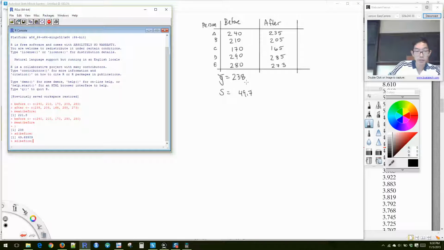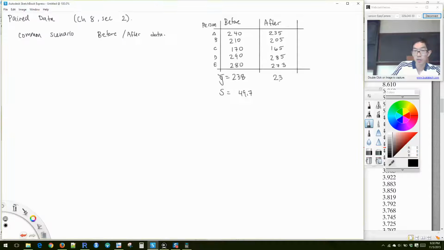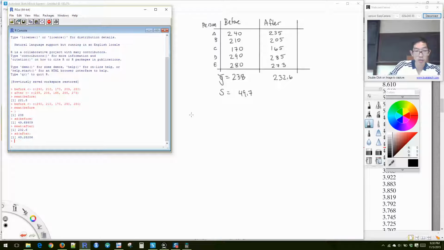The mean after is 232.6, and the standard deviation of after is 49.28.